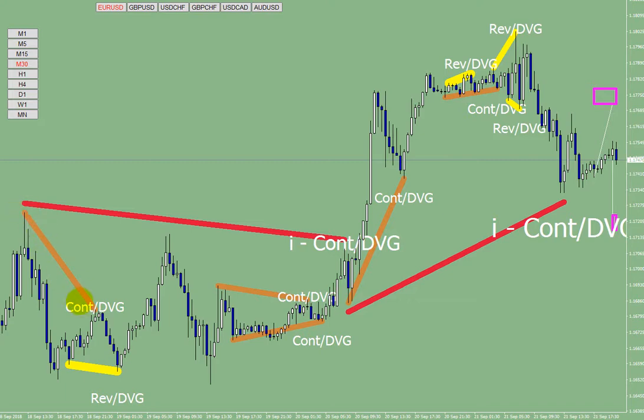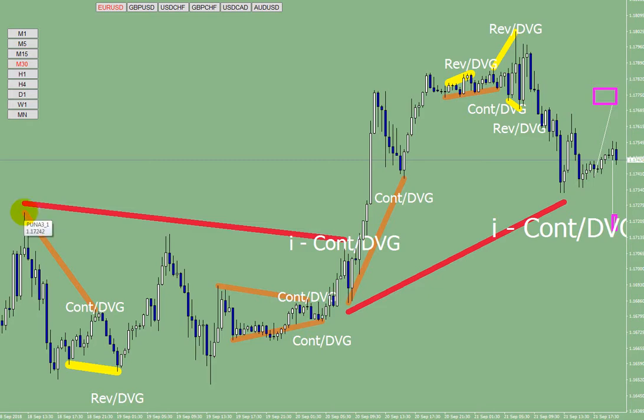The first one, the brown, is basically a shorter term, which means up to 26 samples, I believe, which is 13 hours on a 30-minute time frame.